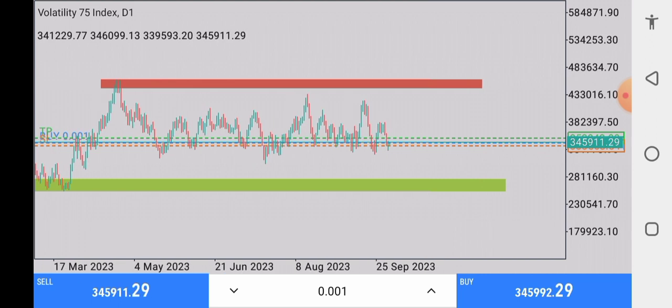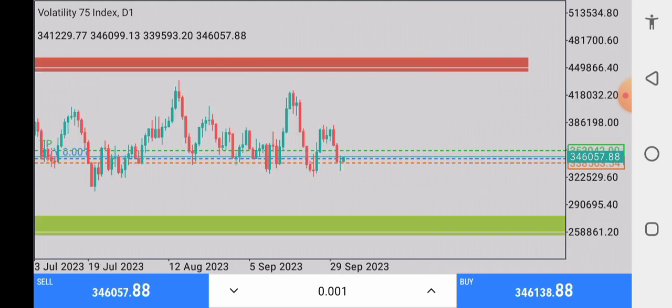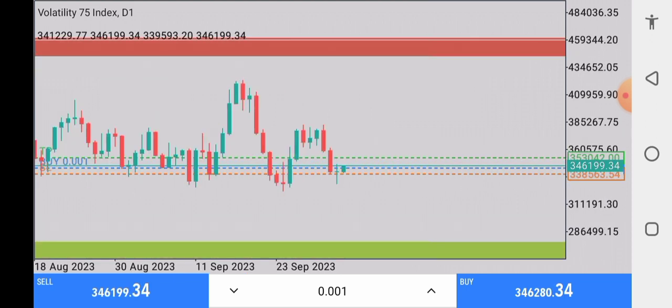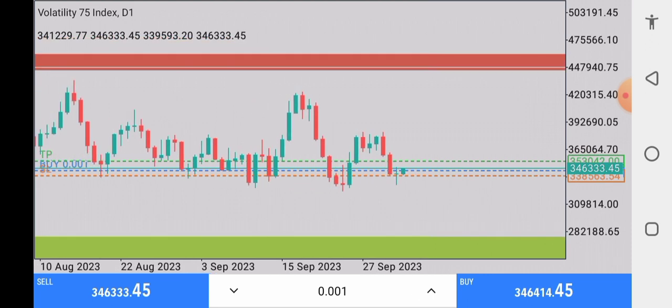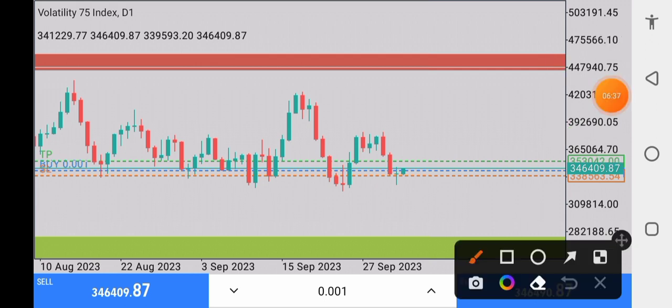Now that we have marked these zones, we will now mark where price is currently returning from. So let's zoom in and see where price is currently returning from. We can see that price is returning from this area here. Price came down here and it's now moving up.